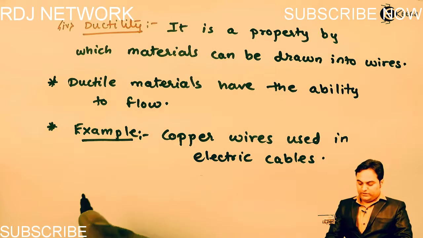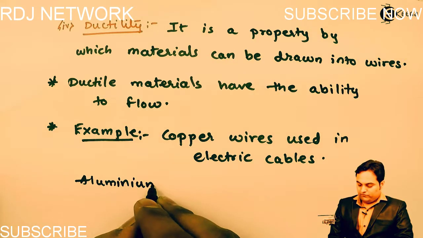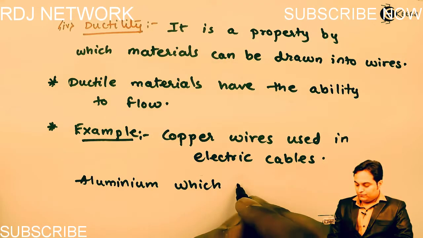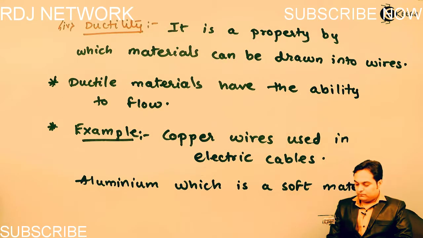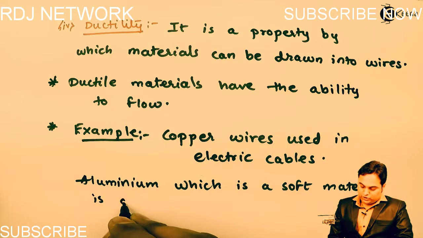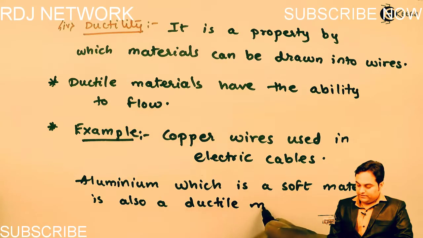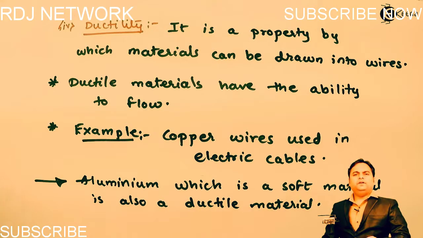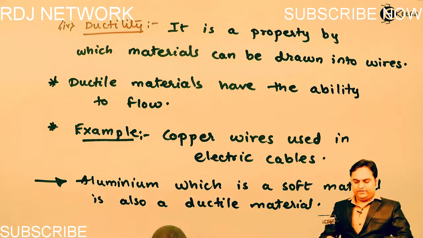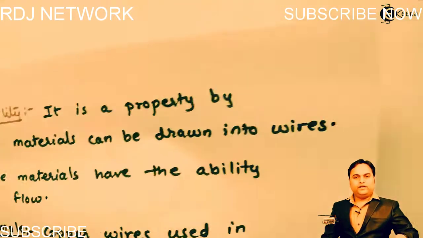Apart from copper wires, aluminium, which is a soft material, is also a ductile material. Since it is soft, we can use aluminium to convert it into wires. So this was one of the important mechanical properties.